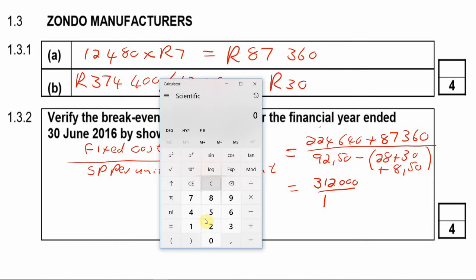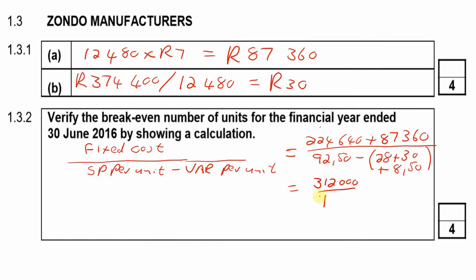Let's recalculate. So we have in fact 92.50 minus, in brackets, 28 plus 30 plus 8.5, close brackets, which is 26. That makes more sense.